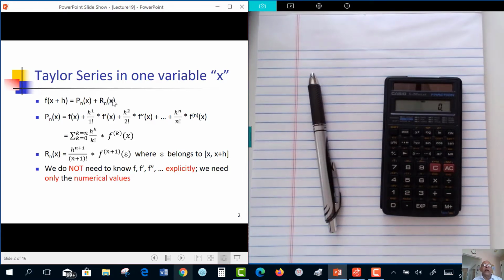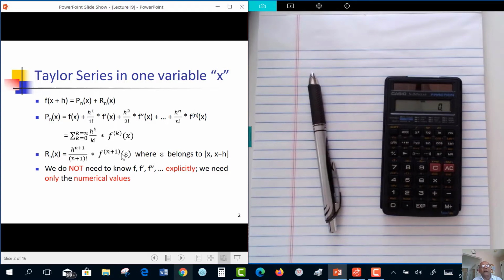Now, we don't know the actual error because we don't know where to evaluate this remainder term. We need to evaluate this derivative at zeta. All we know is zeta belongs in this range from x to x plus h.